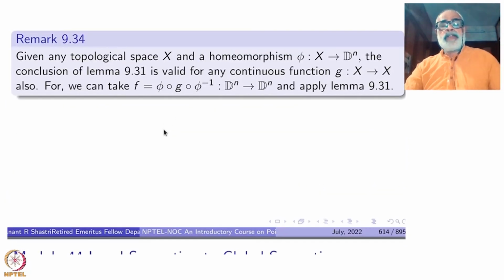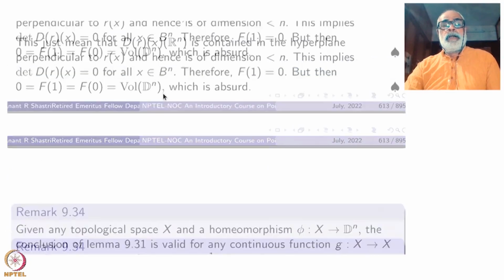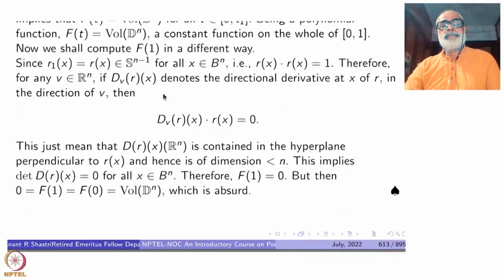Given any topological space X and a homeomorphism phi from X to Dn, the conclusion of lemma 9.31 is valid for any continuous function g from X to X. Also we take f equal to phi composite g composite phi inverse, where Dn to Dn, and apply theorem 9.30. Okay.